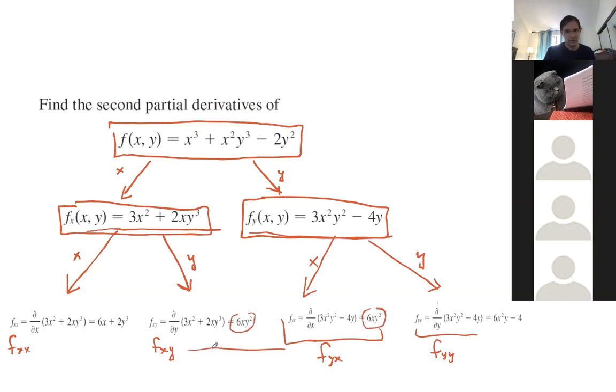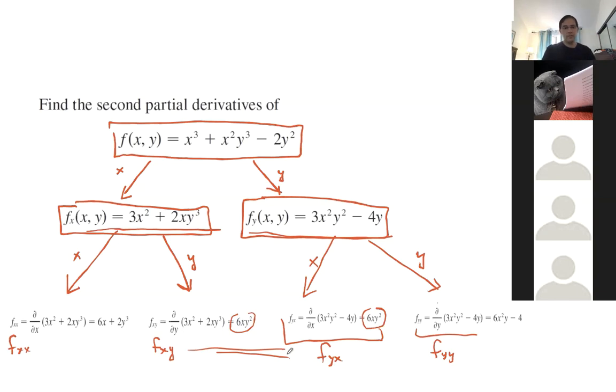So the mixed partial derivatives are almost always the same, but not always. They might not be the same when the function or the derivatives were discontinuous. But when the derivatives and the function itself are nice, smooth and continuous, then the mixed partial derivatives are always the same.